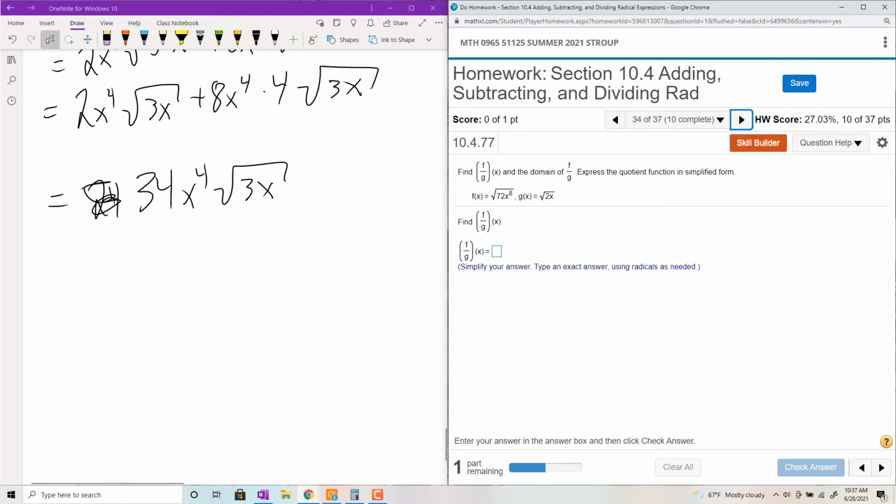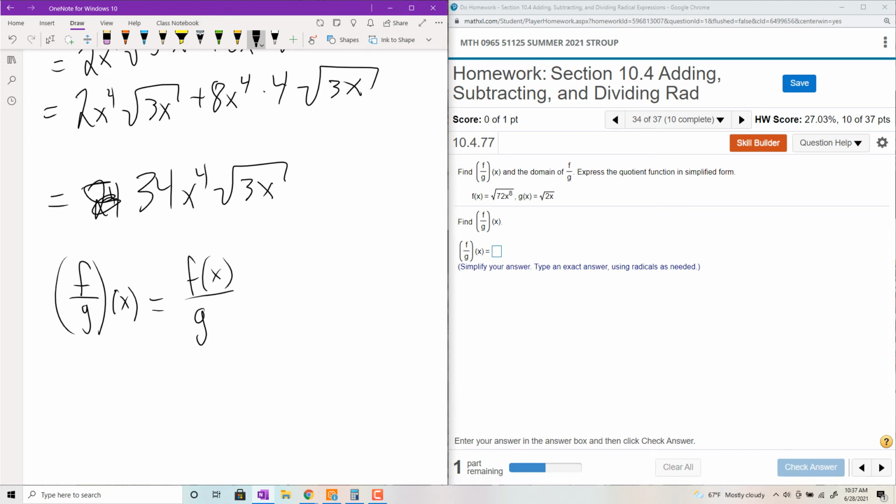Okay, so this one, they want us to find f over g, so this notation is equivalent to just saying f of x over g of x. Okay, so f over g of x, you take f of x, which in this case is square root of 72x to the 8th, all over g of x, which is square root of 2x.